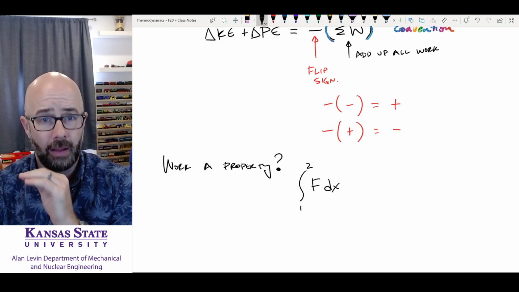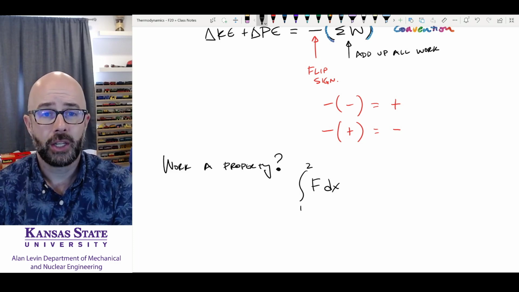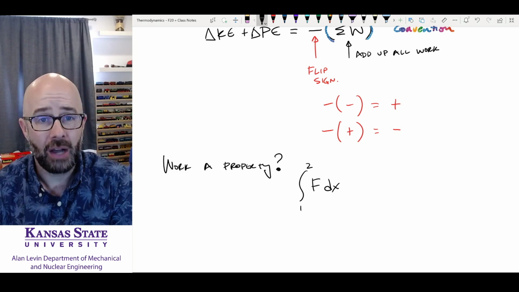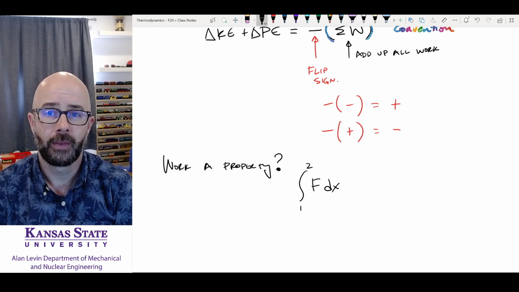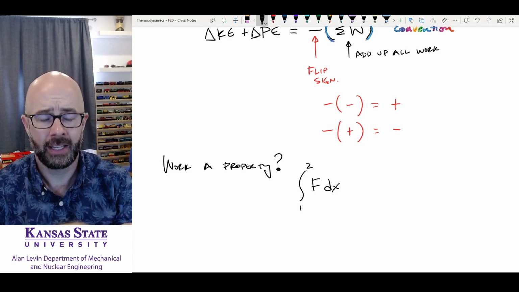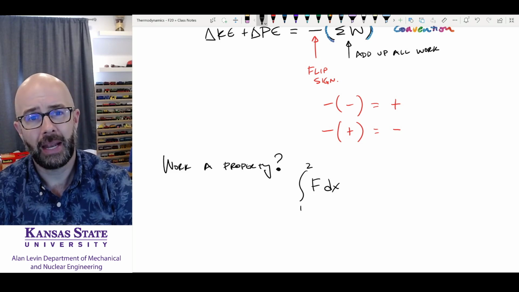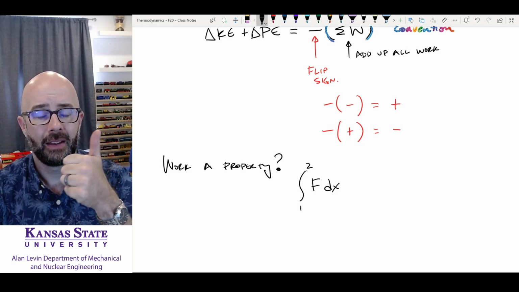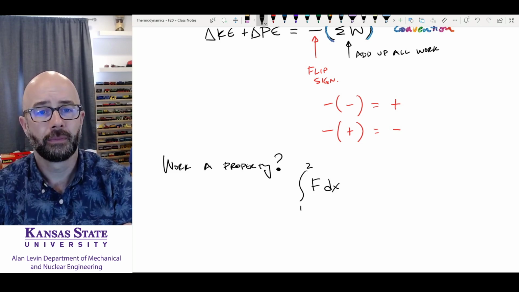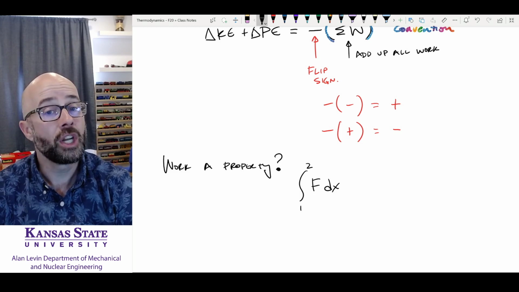Now, after you do that, start at state 1 and go to state 2 again, but this time don't go directly to state 2. Go out the door, run around your house twice, and then come back in and go to state 2. And then come back and sit in your chair and see how your breathing is. Ask yourself, did you do more work in process 1 or in process 2? Or did you do the same amount?